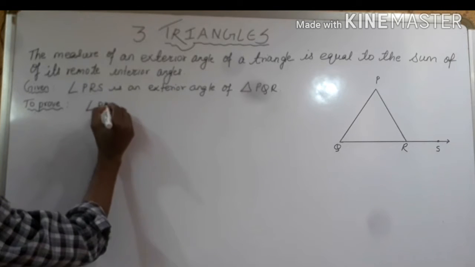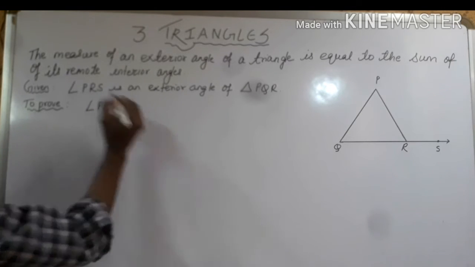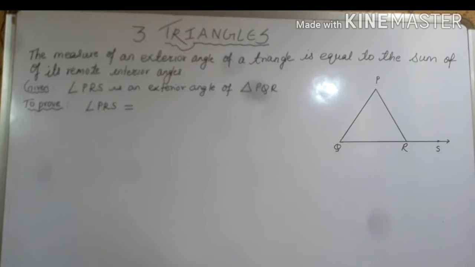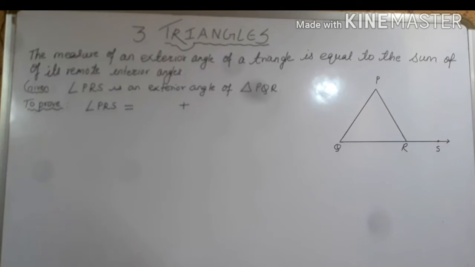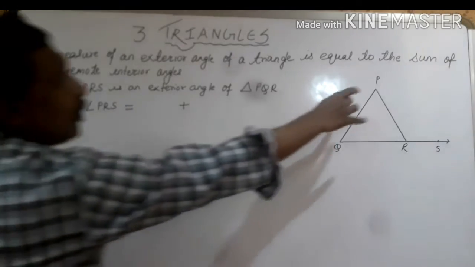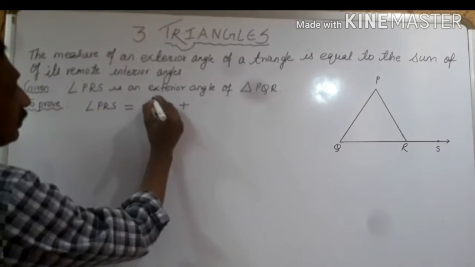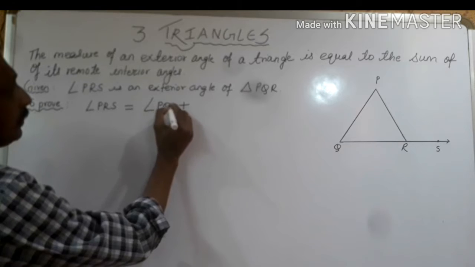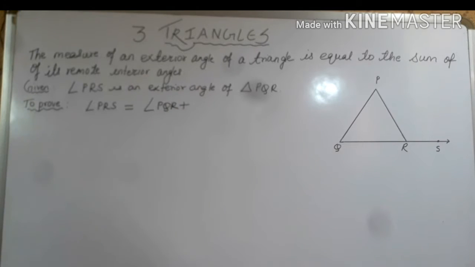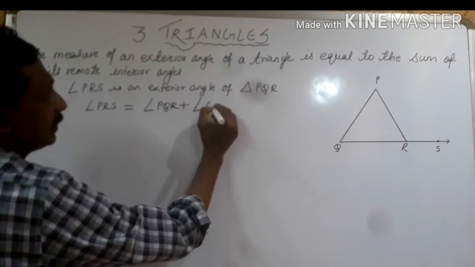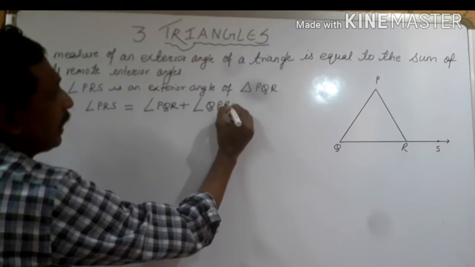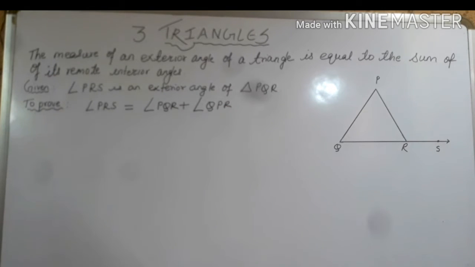Angle PRS is equal to the sum of its remote interior angles. One angle is angle PQR, plus the second angle will be angle QPR, and the sum of it.